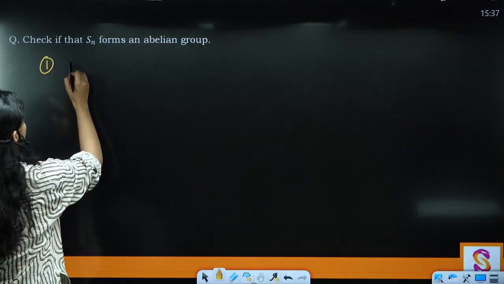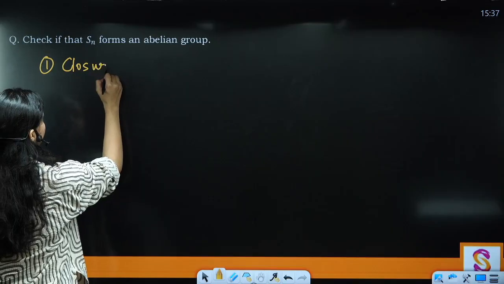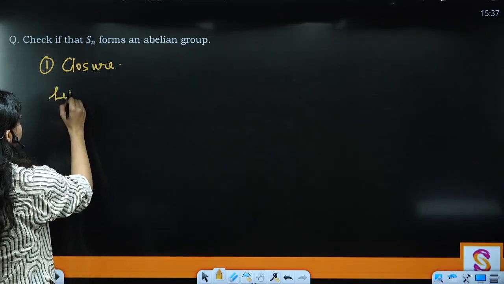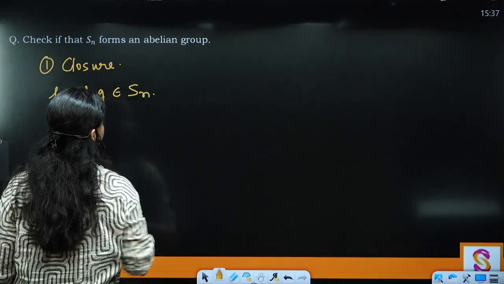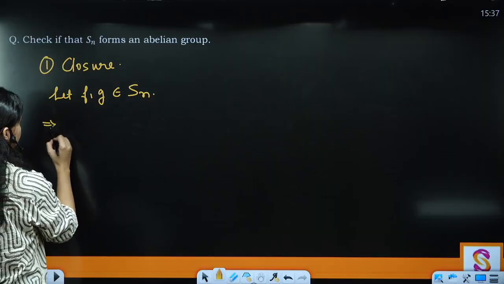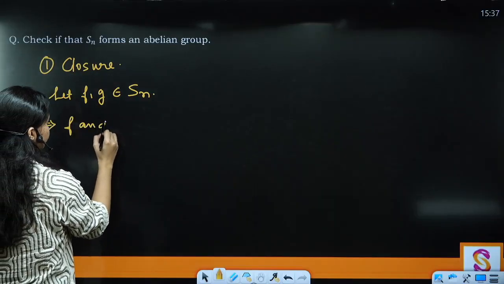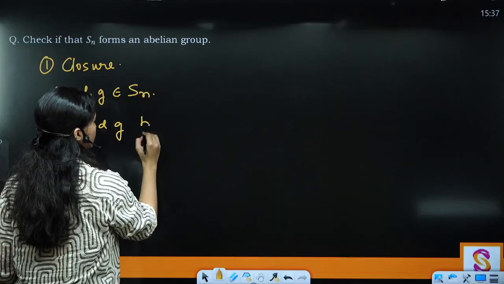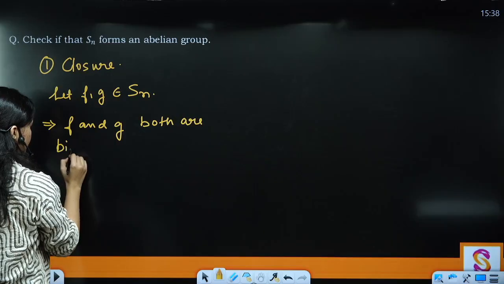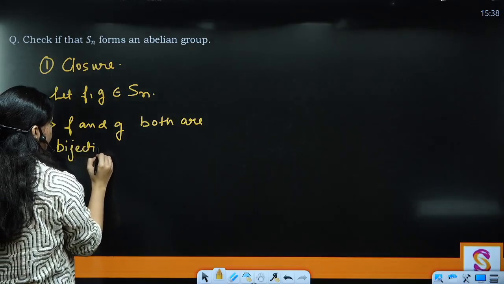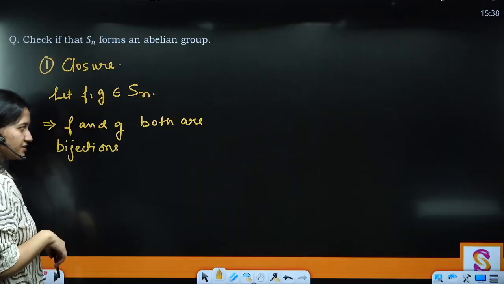So first of all, closure. Let f comma g belong to Sn. This implies that f and g both are bijective functions, or you can write are bijections, right?